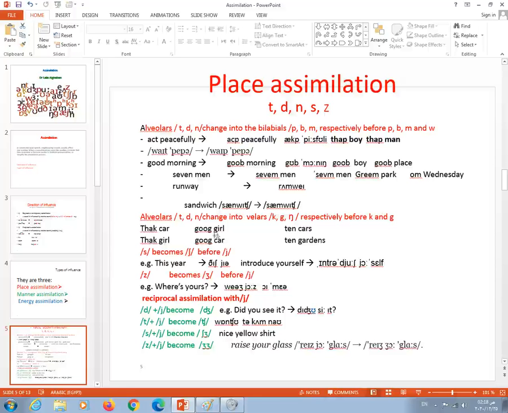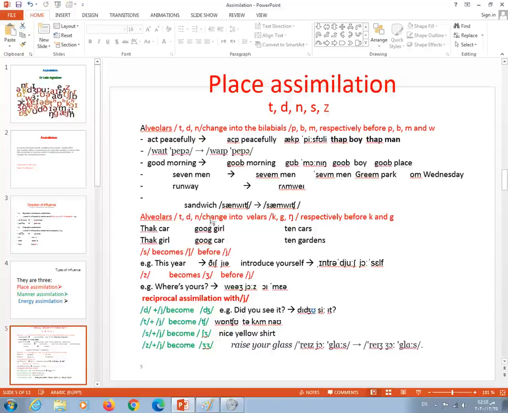Okay, here we have D. What will happen to it? It is going to change into G. Let's see: good girl, instead of saying good girl, say good girl, good car. So the D changed into a G before K and G.